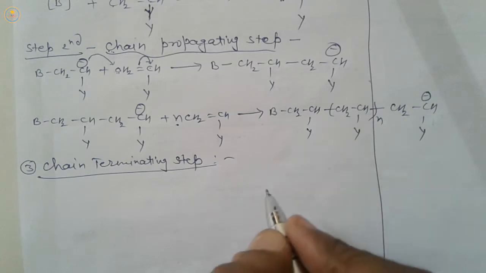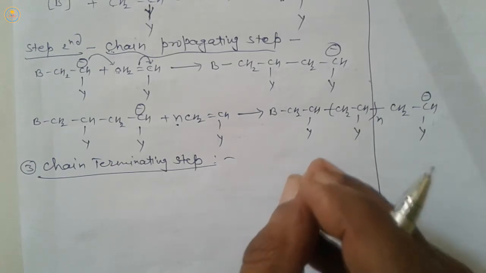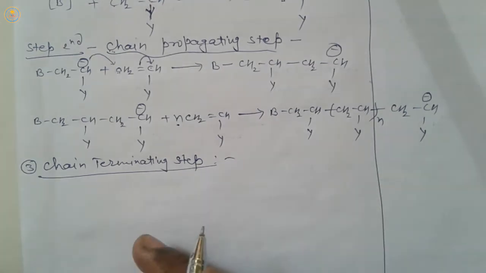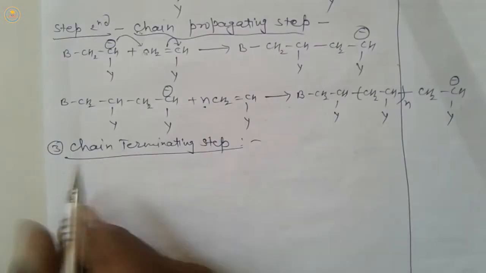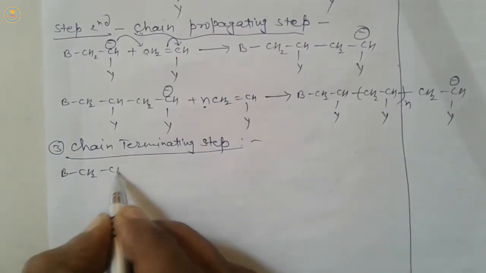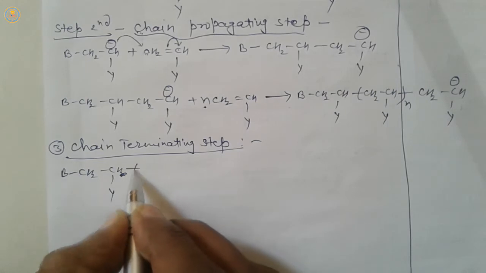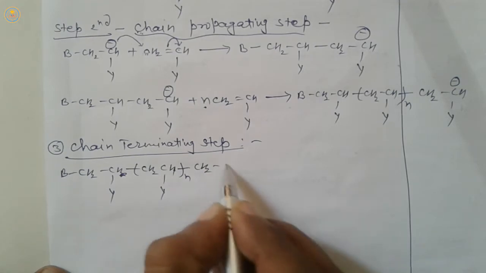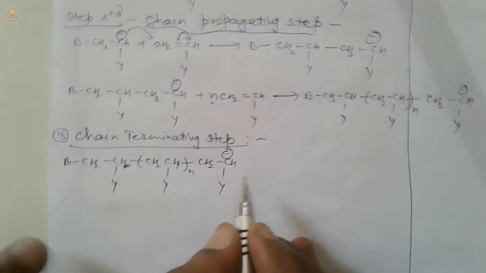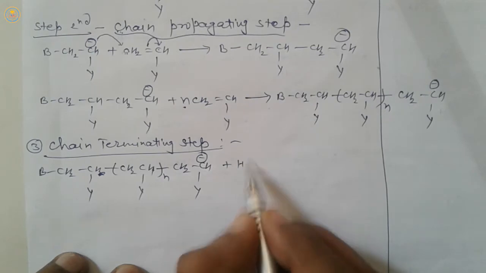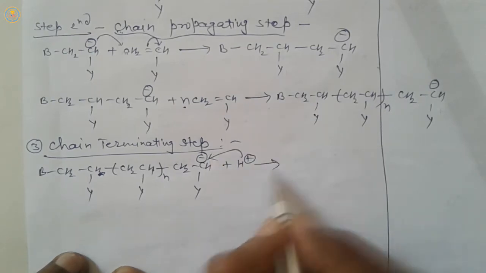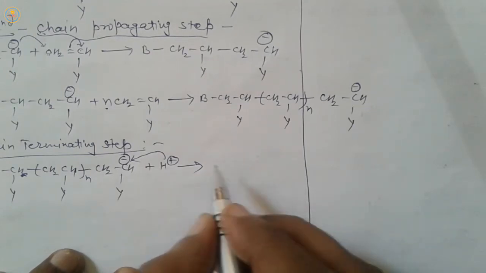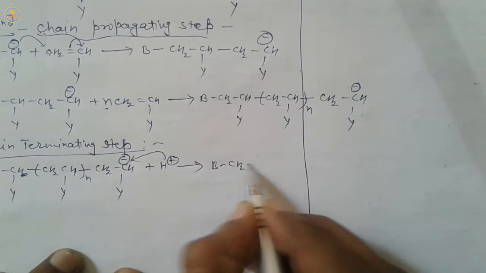In anionic polymerization, the chain terminates not spontaneously but in the presence of a proton. So the carbanion reacts with a proton, and after polymerization, a neutral polymer molecule is formed here.